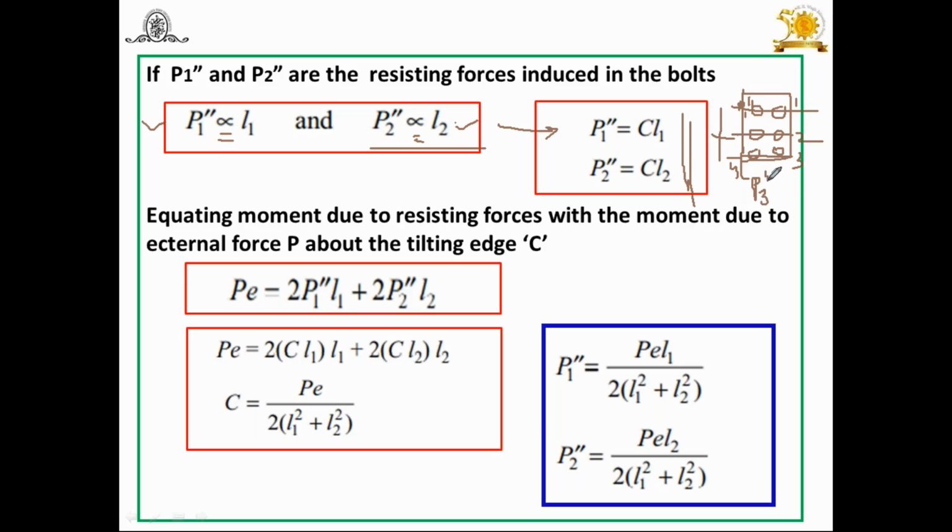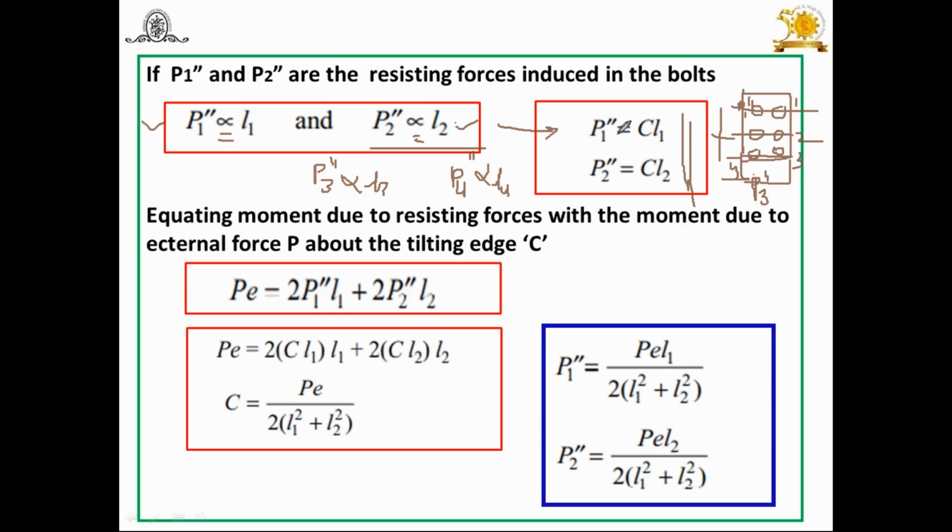Try to understand. If I am going to add one more row of bolts here, then for the third row, I am going to write P3 double dash is directly proportional to L3. If I am going to add one more row here, you can write P4 double dash is directly proportional to L4.